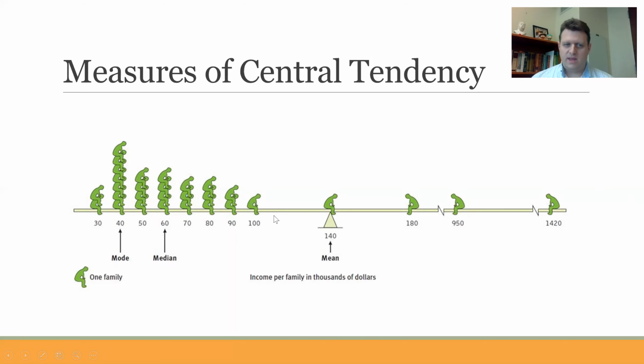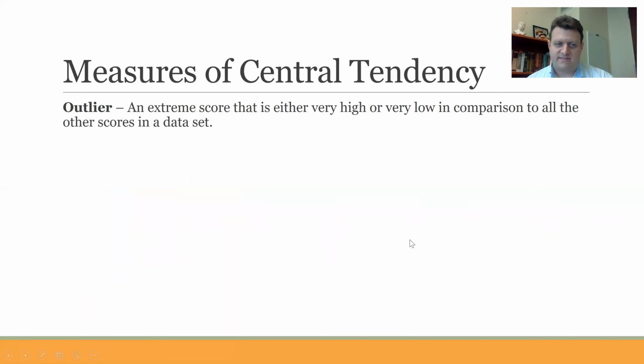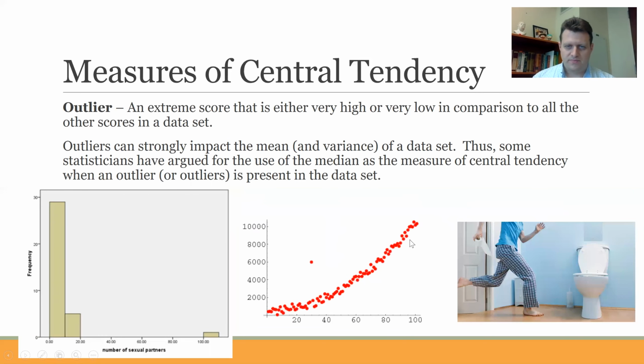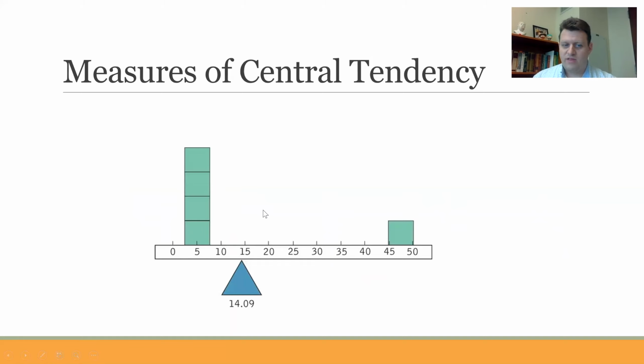So in that regard, the median might do a better job of representing what the true central value is in our data set. All right, here's another example. We're trying to calculate the average of something. We've got one outlier over here. The mean is going to be pulled in that direction, and the mean isn't going to represent any of our data points.